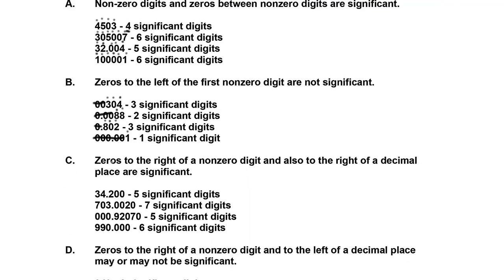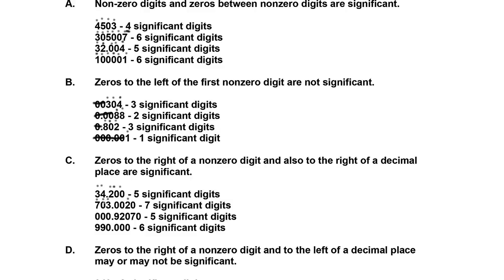Step C. Zeros to the right of a non-zero digit and also to the right of a decimal place are significant. Notice that these zeros are at the end of the number and to the right of the decimal point. So we would have to count all of these zeros as significant digits. This one and this one and this one are significant because they are non-zero.